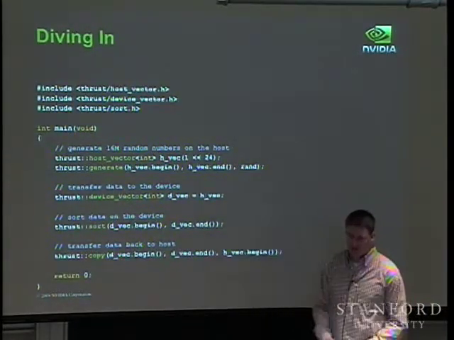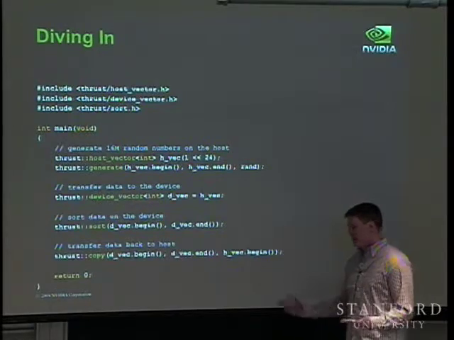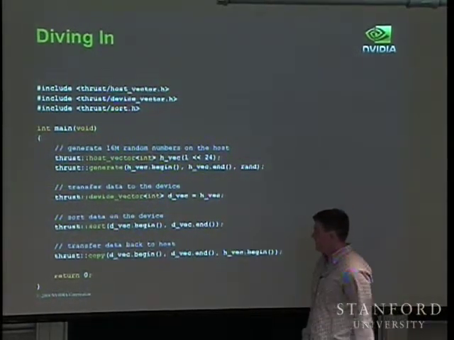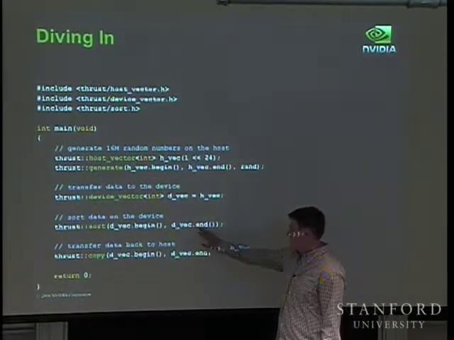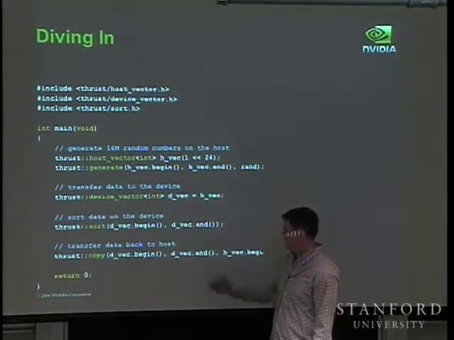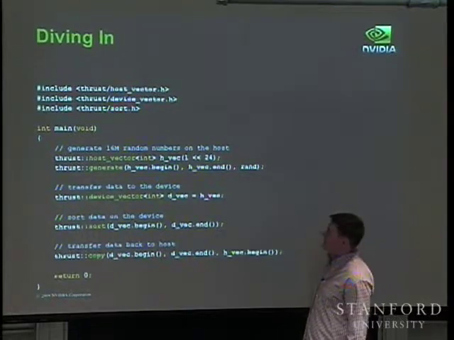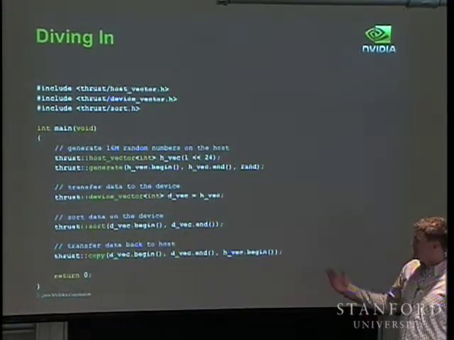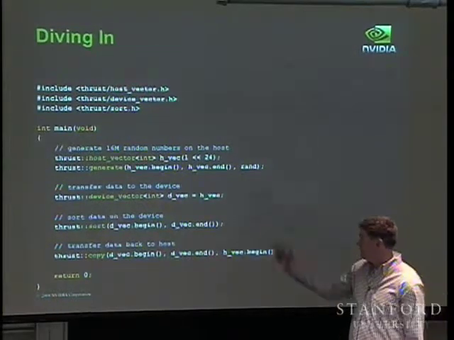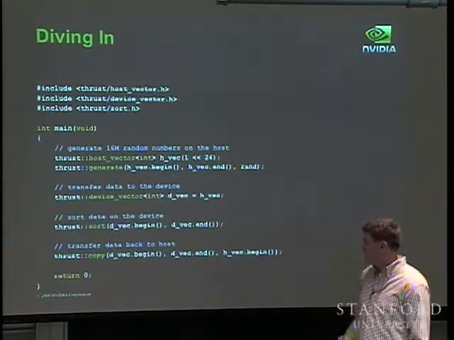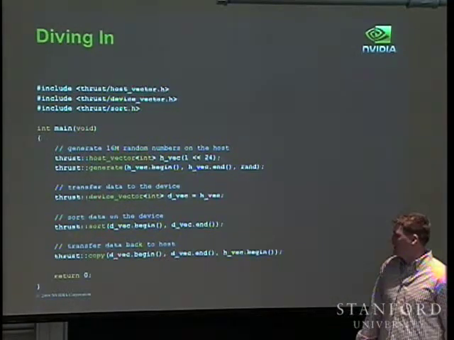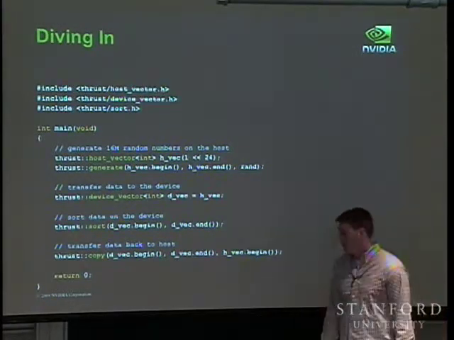So this avoids the need to do CUDA malloc, CUDA memcopy, and so on. That all happens under the hood. And you can also do things like sorting very concisely. So in this case, we're generating some random values on the host, saving them in this host vector, transferring that to the device using this equals operator, sorting on the device, and then copying back from the device to the host using the copy algorithm.